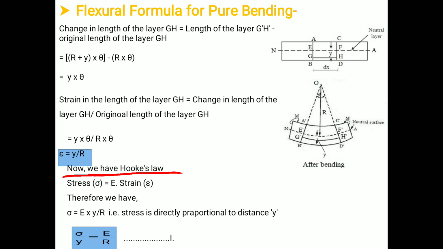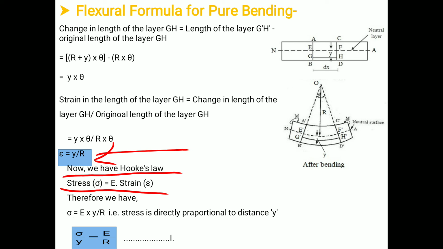Hooke's law is nothing but, within the elastic limit, stress is directly proportional to strain. Mathematically, it is given by sigma is equal to E into epsilon. If I put the value of epsilon from this equation, I have sigma is equal to E into y by r.